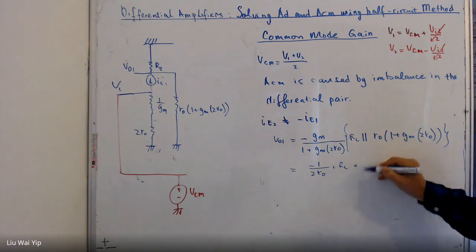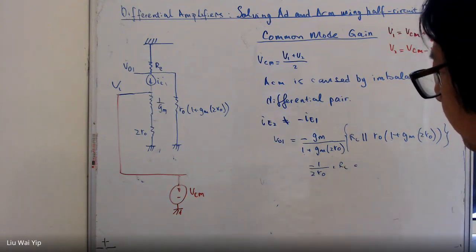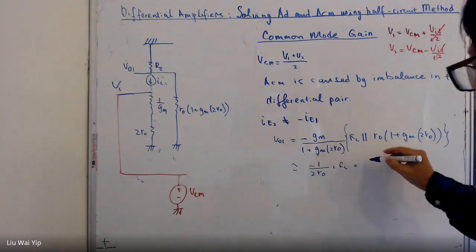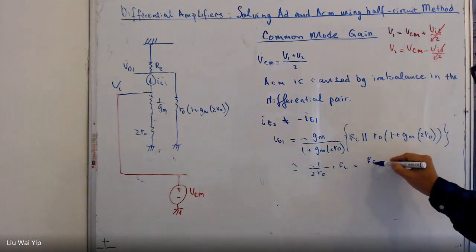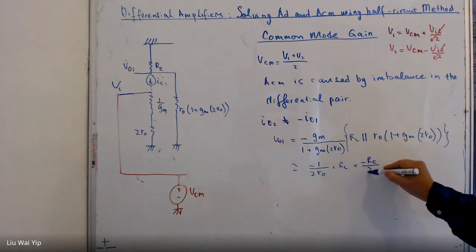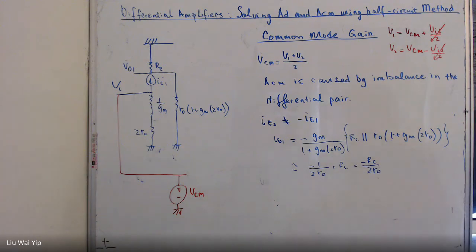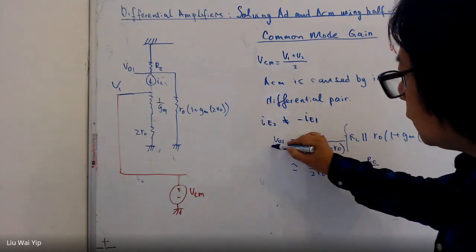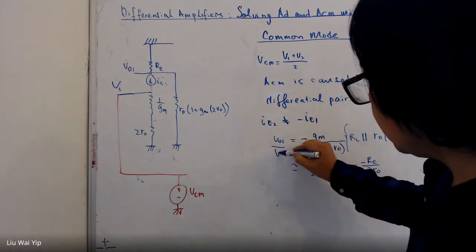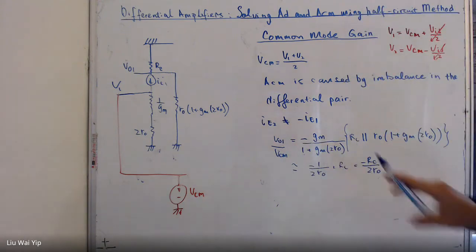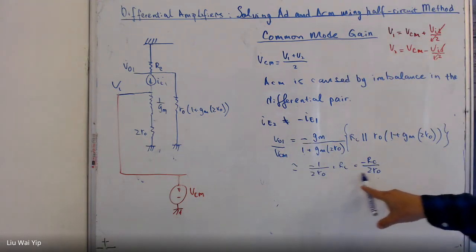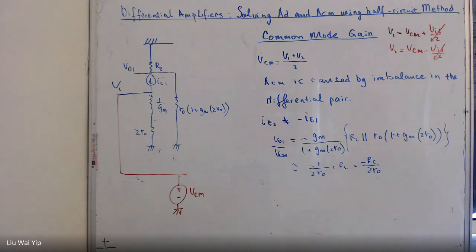So approximately Vout is equal to RC in parallel with Rout, times this, which is just the voltage gain. Sorry, Vout over VCM. Is this much, and finally we get this one.